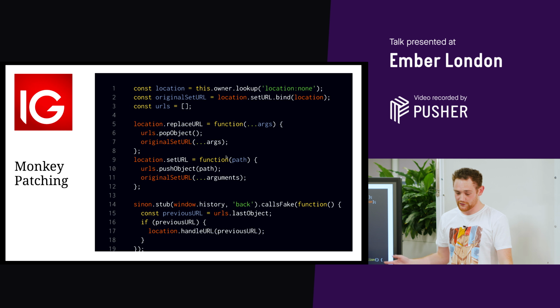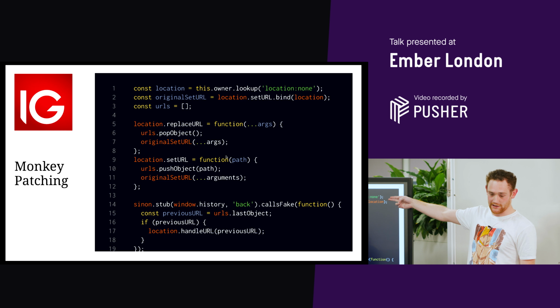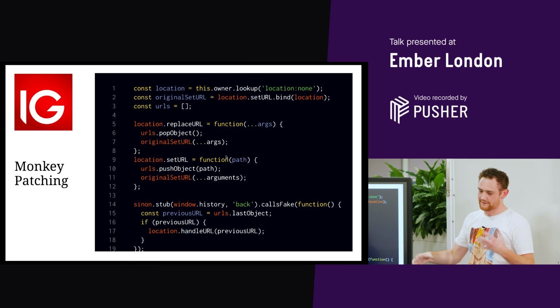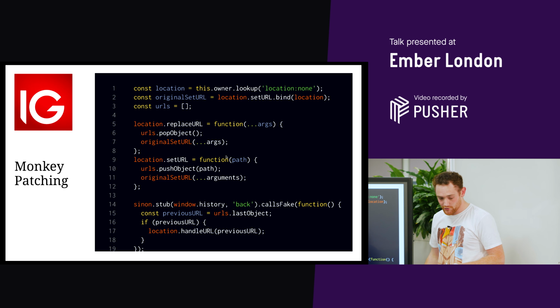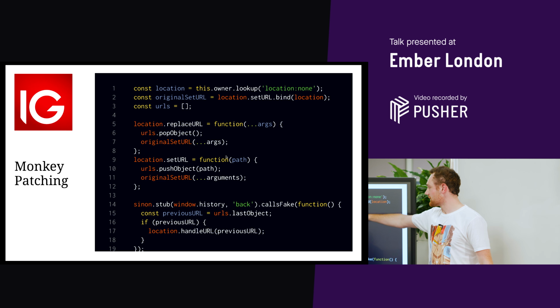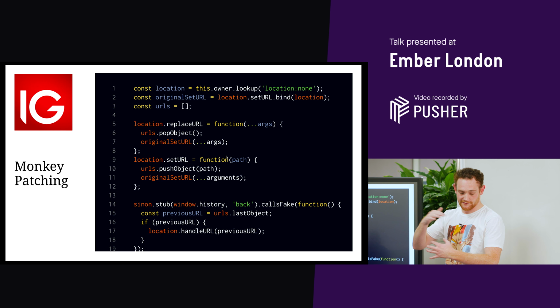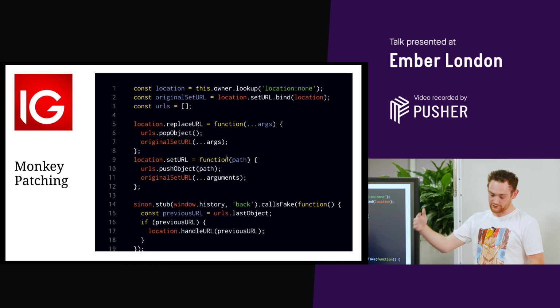All we're going to do here is just nick the original replace set URL function, because at the end of the day, all that matters is we want that to be called at some point. We're going to define a replace URL function, and a set URL function, which just pop onto our URLs and remove from our stack.